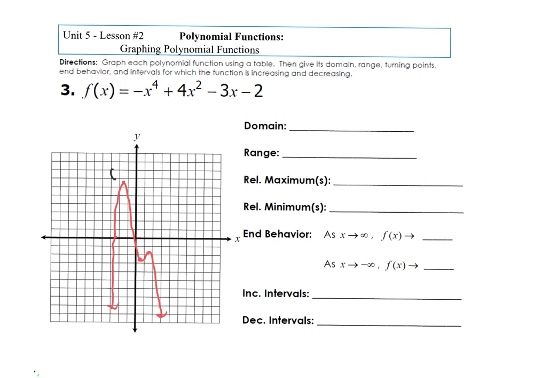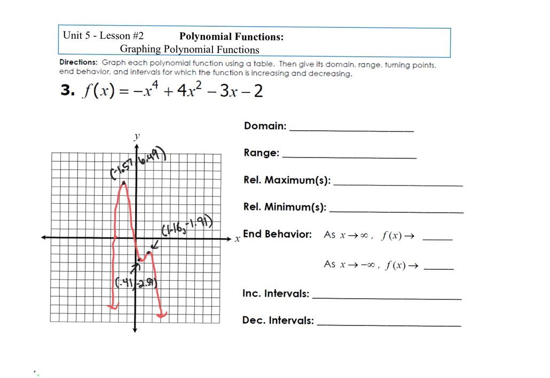This coordinate is negative 1.57, comma 6.49. This one right here is 0.41, comma negative 2.59. And then we have another turning point right here, which is 1.16, comma negative 1.91. Again, I'm just labeling all my turning points because they help us identify some of our answers here.